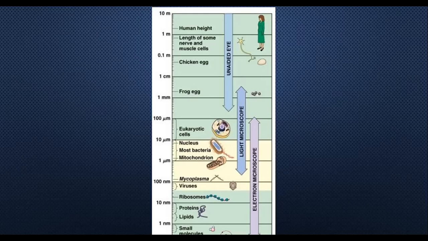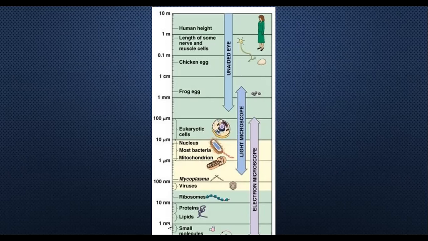In the range of 10 nanometer to 100 nanometer, the ribosomes, viruses and mycoplasma can be observed under the electron microscopes. Again, if we go down on the nanoscale, from 1 nanometer to 10 nanometer, we have lipid molecules and protein molecules which can be observed by using the electron microscopes.